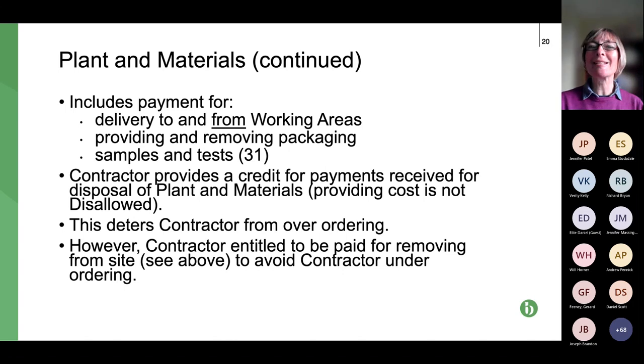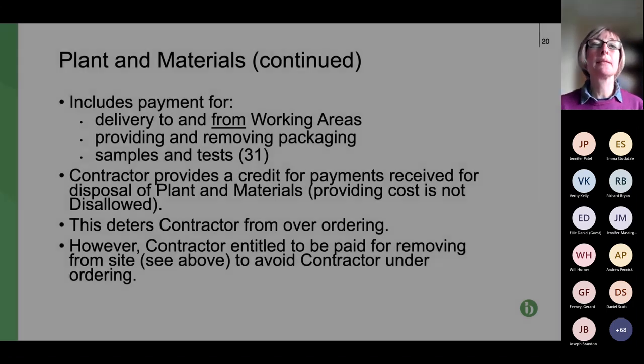So to try to get the right amount of materials first time, but to an extent, anything that needs to be returned, that's not paid to the contractor because presumably it's refunded, but equally the cost of returning it is covered and is claimable within both schedules. So next slide, please.